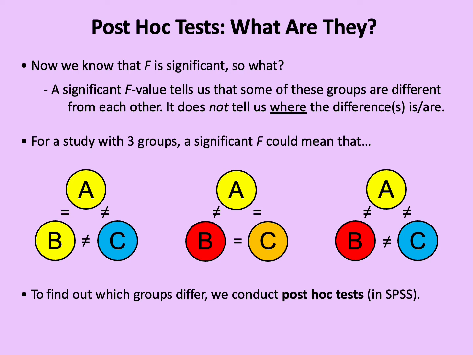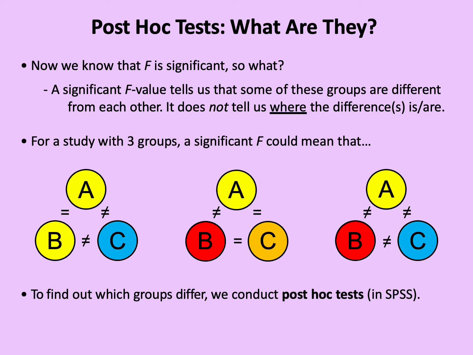So for example, with a hypothetical study that has the levels A, B, and C, it's possible that A and B are equal to each other, there's no difference between A and B, but A and C are different from each other, and B and C are different from each other, or not equal.